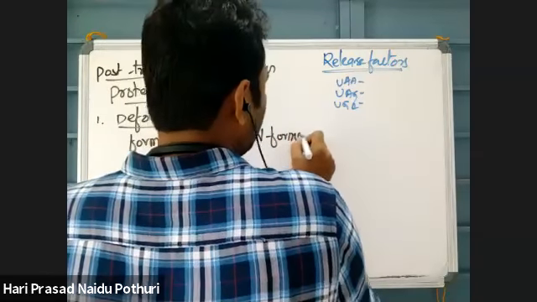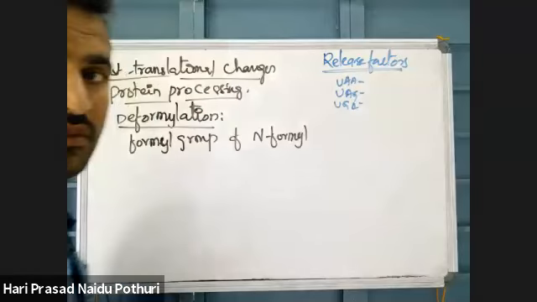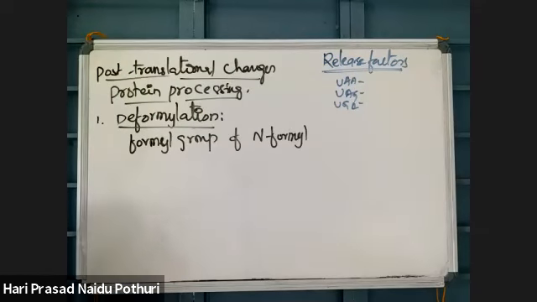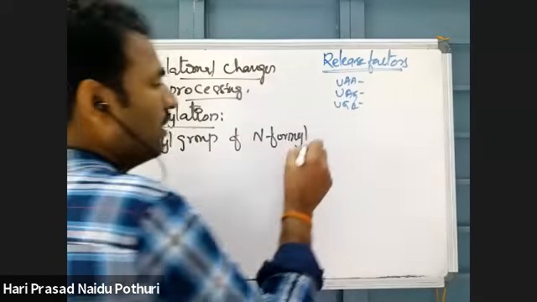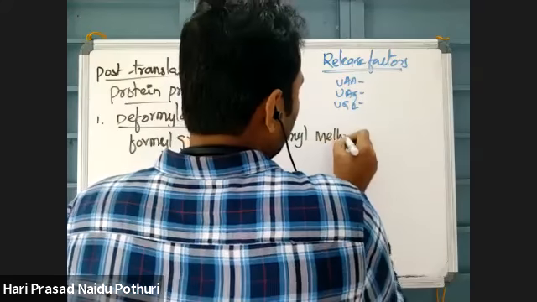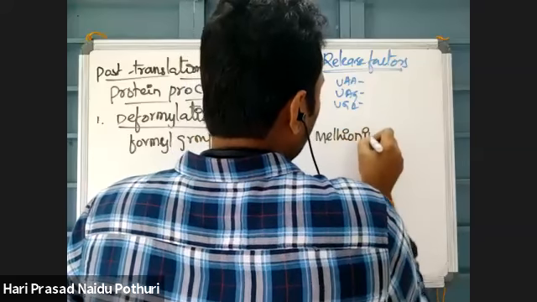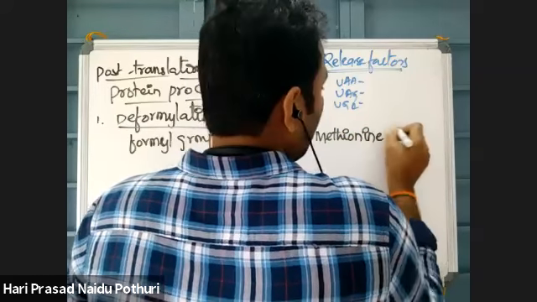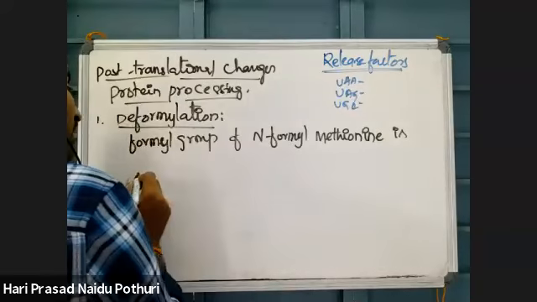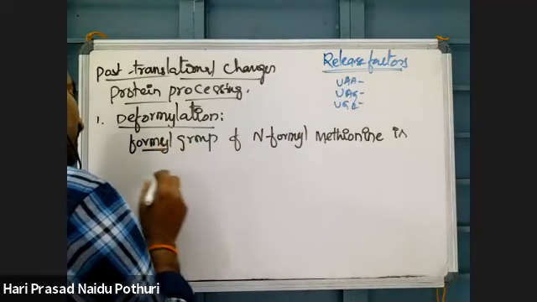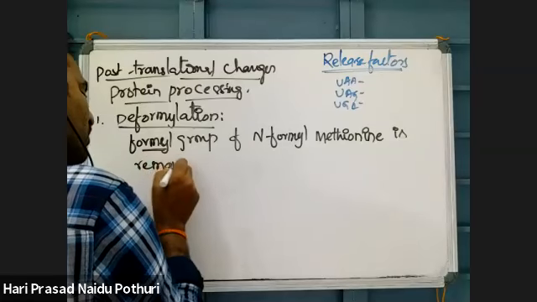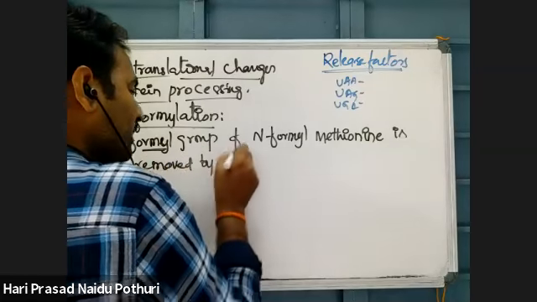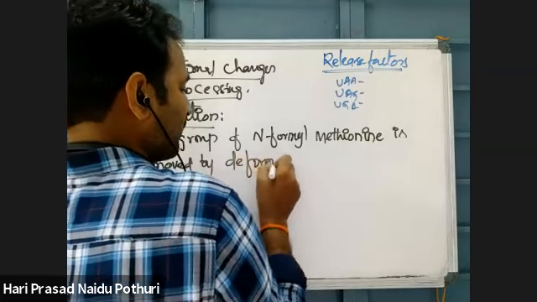Normally methionine is the start codon. Methionine is coded by AUG because the N terminal is always methionine. Sometimes the methionine may be activated by a formylation process. That formyl group present in methionine is removed by an enzyme, deformylase.